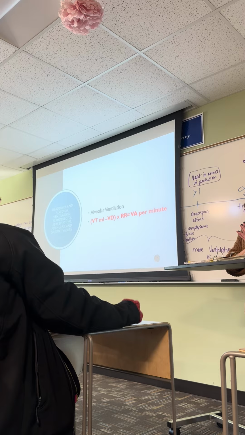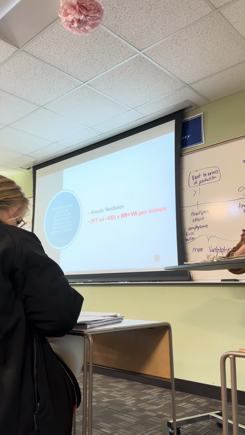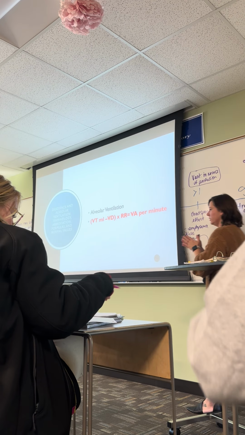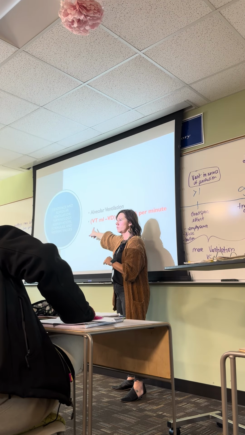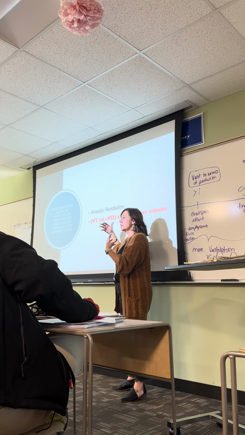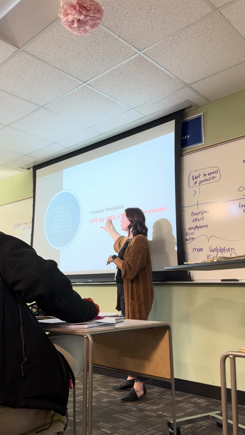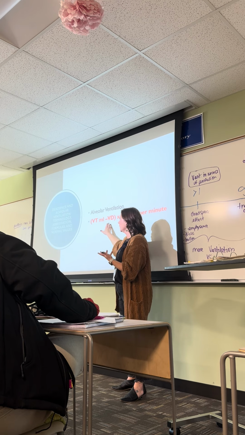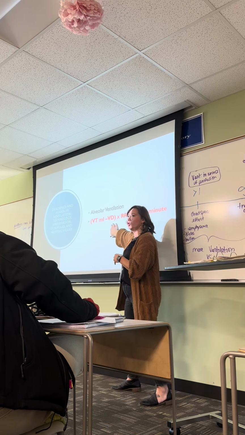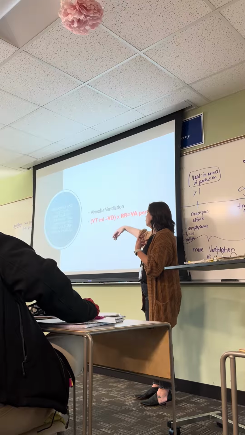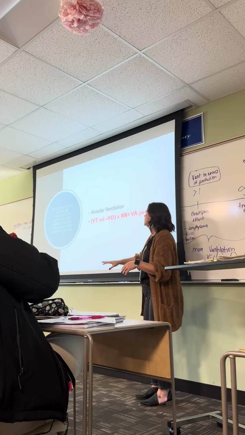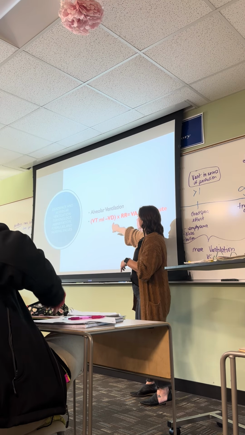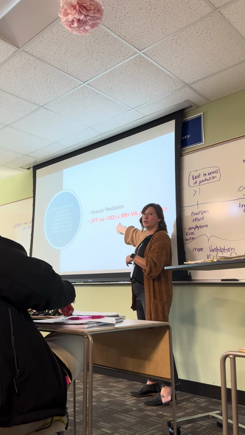Okay, so alveolar ventilation, we still have to find our VD, okay? We have to know our tidal volume, which technically will be given to you, so you would just use your approximate. If you take your tidal volume and subtract it from your 150, you get that number and then you multiply it by the respiratory rate.